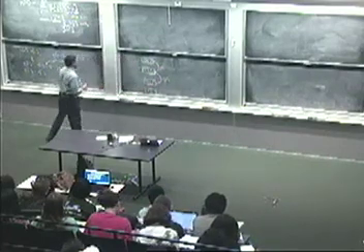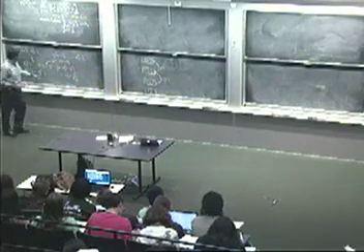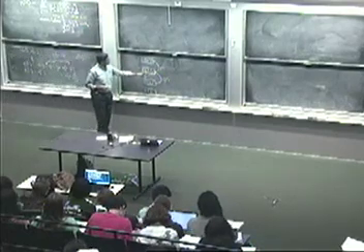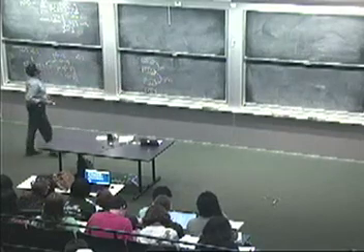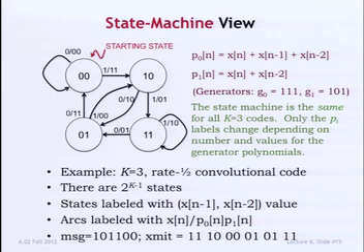And then the next parity bit is going to be the exclusive OR of what's here and there, so that's going to be a 0. I hope that matches with what I have upstairs. We're talking about going from 1, 0 to 0, 1. It takes a 0 input to do that, and what you emit is 1, 0. So you can fill in all of these. This is the state transition diagram.